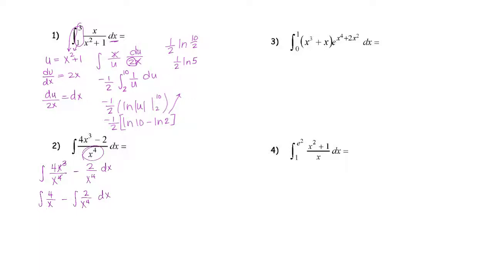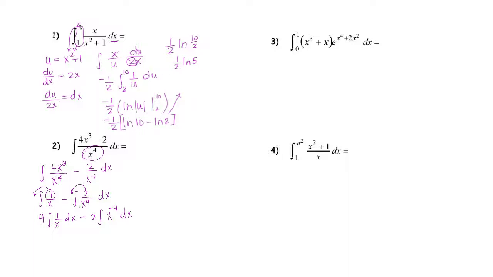And so here, this first one, we can move this 4 out, and that's 4 times the integral of 1 over x dx minus, and I'm going to move my 2 out, and this x to the 4th, I need to flip that over. That's going to be x to the negative 4 dx.